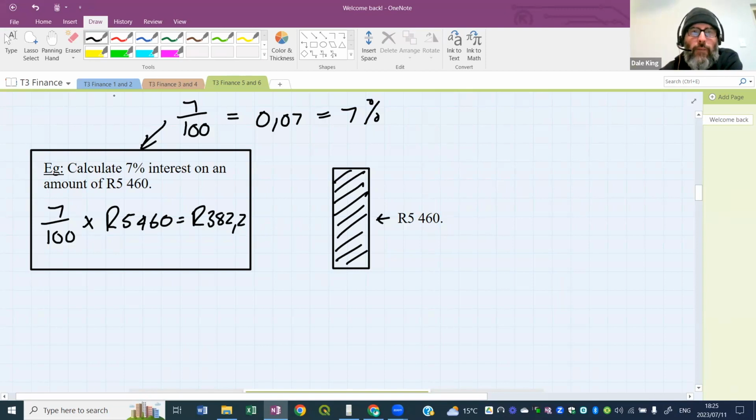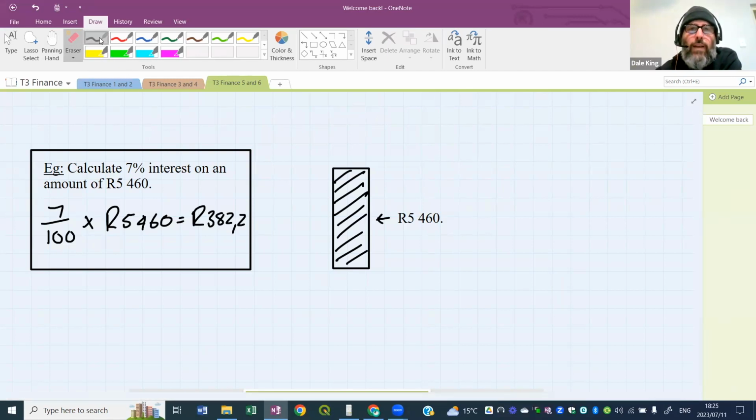382.20. Okay, perfect. Now, what I wanted to do was represent that on my bar. So let's say you have a sum of money that can be represented by this bar. When you calculate interest, what you're doing is increasing your lump sum of money by a small amount.